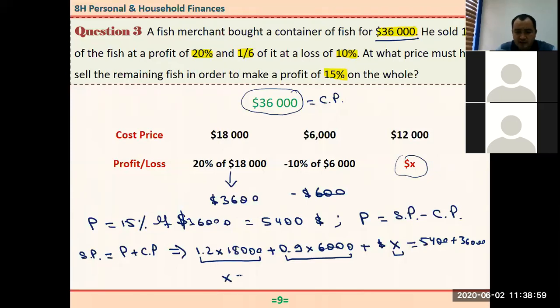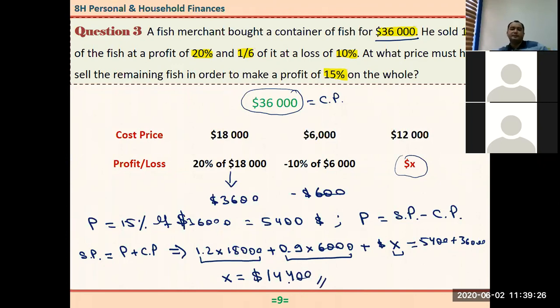And what is X? X equals 5,400 plus 36,000 minus 1.2 times 18,000 minus 0.9 times 6,000, which is equal to $14,400.